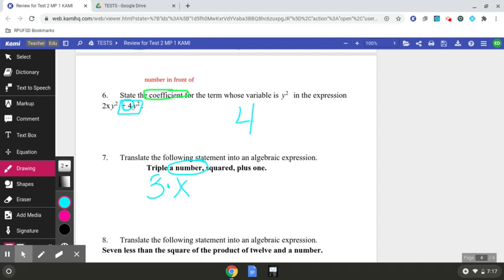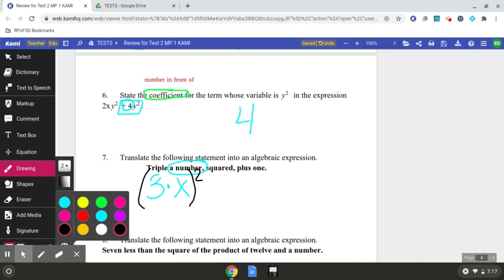Squared. Now squared means that I'm going to take this whole 3x and I'm literally going to square it. And then plus 1. Just keep in mind that multiplication, that 3 times, we don't have to write with the dot in the middle. We could just rewrite this as 3x squared plus 1.